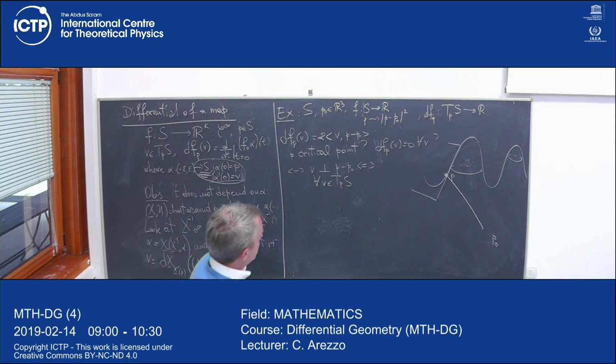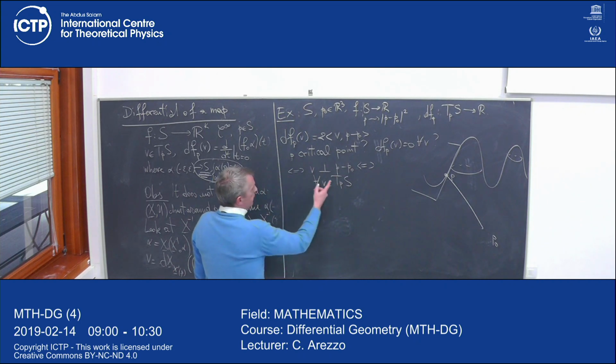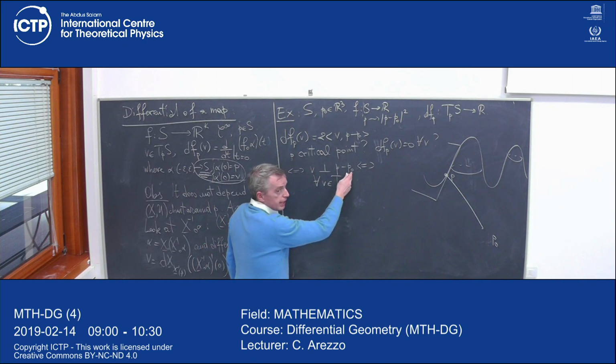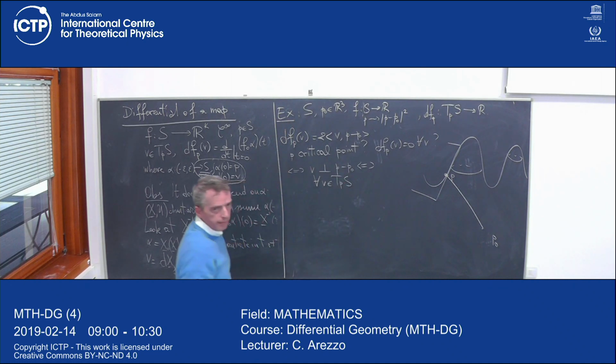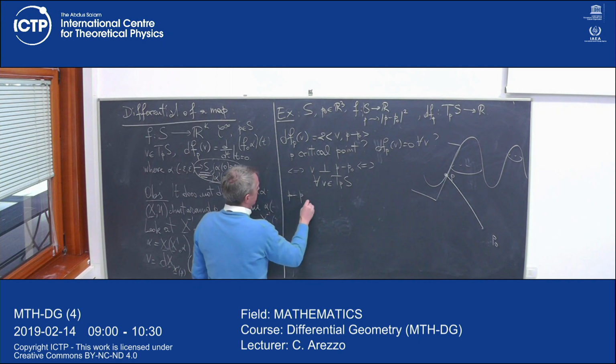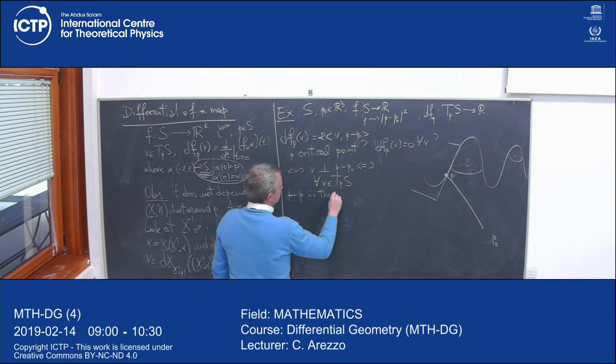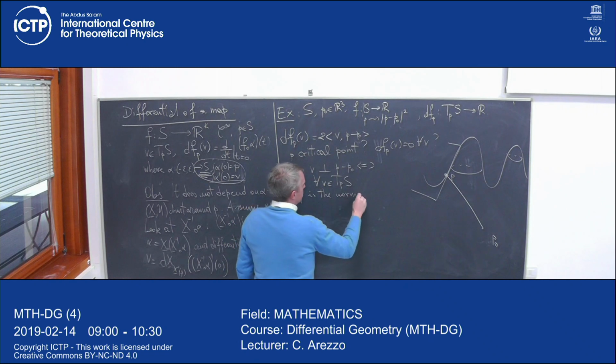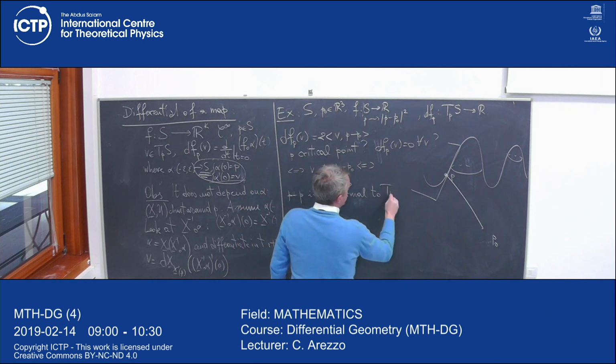Okay? So geometrically, how do I phrase it? I can phrase it by saying if and only if P minus P naught is the normal to T_P S. I mean, the tangent space, after all, is a two-dimensional vector space.